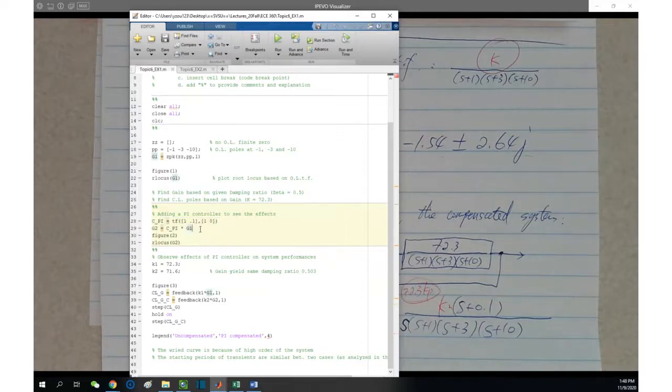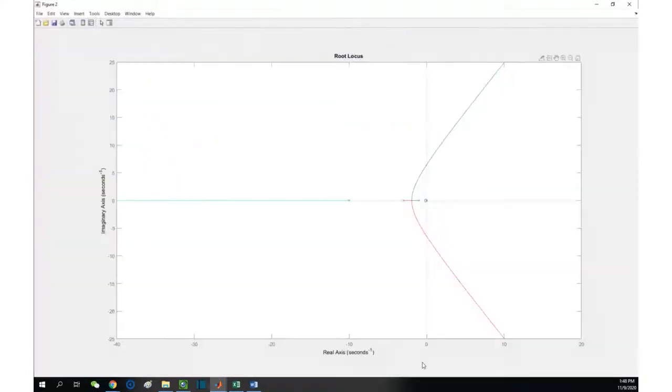And then the new open loop compensated system transfer function is obviously the product between PI and the original G1, right? And then I generate a new blank figure, and then plot the new system root locus. If I run this section, what do you see? First, very straightforward.